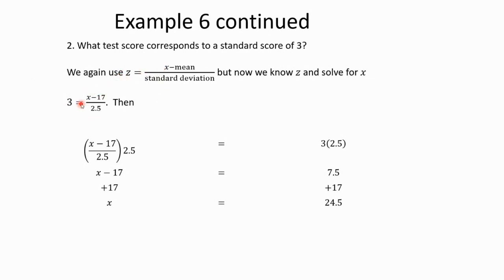We want to solve for x. So we have this, just like before. I multiplied both sides by 2.5, as you can see, because then these are going to cancel. So we get x minus 17 on the left. On the right, we get 7.5, 2.5 times 3.